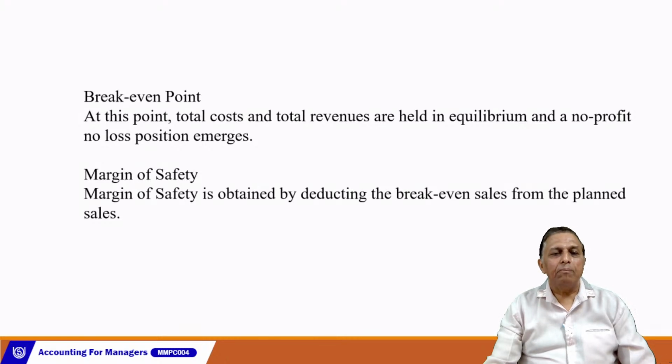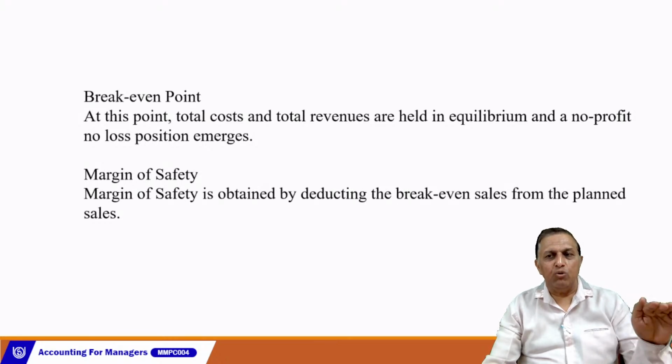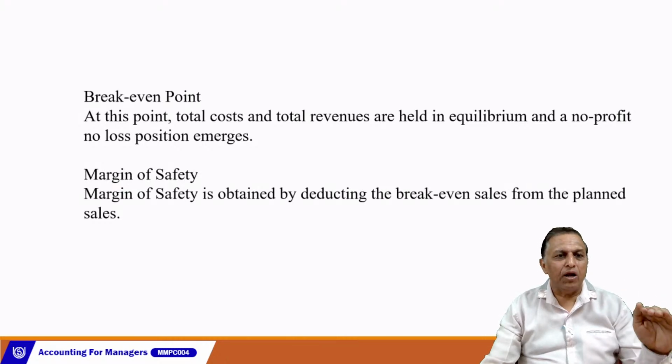So at the break-even point, total cost and total revenue are held in equilibrium. The total cost and total revenue are equal, and a no profit, no loss position emerges.